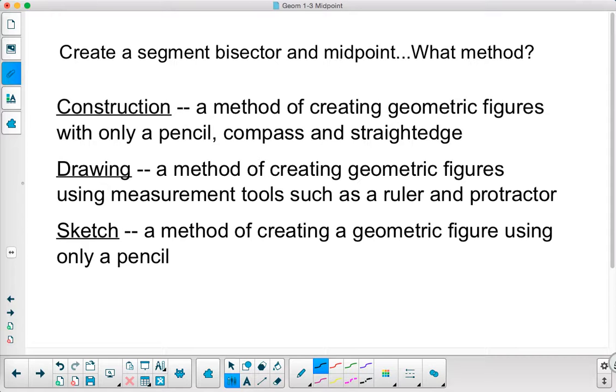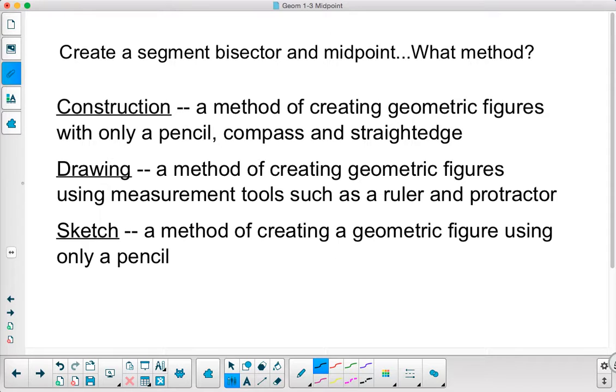A sketch is really just freehand with your pencil. Do the best you can to make things look the way they're supposed to. It will help you know how much detail you should go into on a certain problem or exercise by paying attention to what word the directions are saying. So pause to finish your notes.